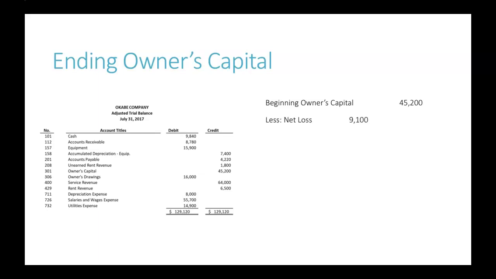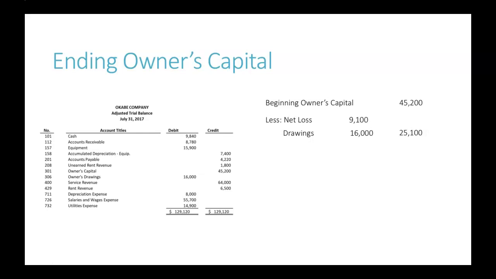Then we subtract out this net loss of $9,100 that we've found earlier in this problem. And we subtract out the $16,000 in drawings that the adjusted trial balance shows us. So that's a total of $25,100 that we need to subtract out. Right? We need to subtract out $16,000 in drawings and $9,100 in a net loss.